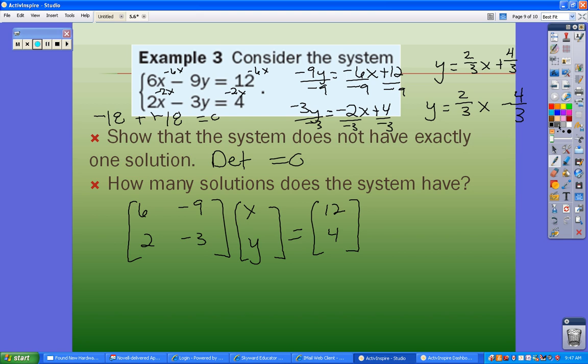And I didn't. Right here, this should be a negative. The reason that was a red flag is that it could be that these were parallel and they just never touched, but it's pretty weird that the y-intercepts were perfect opposites of each other, so I wanted to make sure I didn't make a sign mistake, and I did. Positive 12 over negative 9 is negative 4/3. This is negative 4/3. These are the same line, which means I have infinitely many solutions.